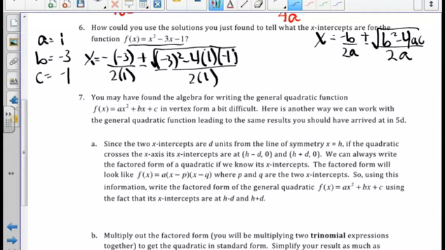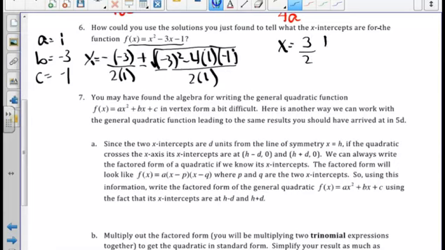I'm going to erase this so we have a little bit more space, and x will be equal to negative 3 times a negative 1 would be positive, and 2 times 1 would be 2. So this essentially is telling me that my axis of symmetry, in this case, remember the negative b over 2a, my axis of symmetry should be 3/2 if I looked at the graph.